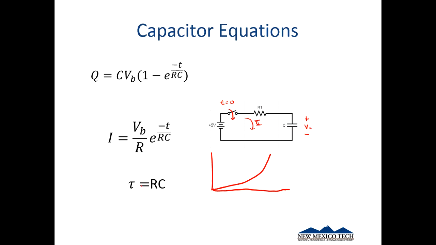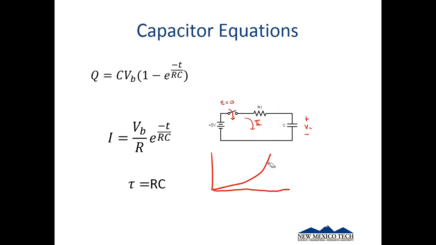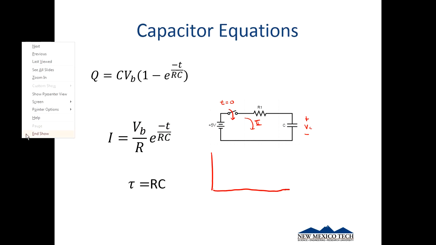In fact, I did that not very well. Sorry about that. Let me fix that. It was supposed to be an exponential, but I did it the wrong way. Can I erase? Get rid of that line. Sorry about that. Let's try that again.